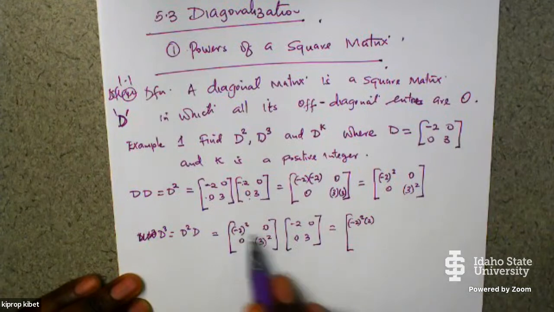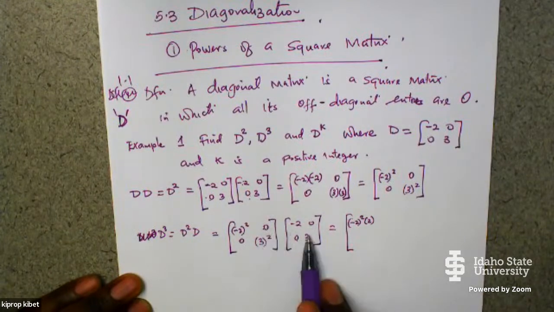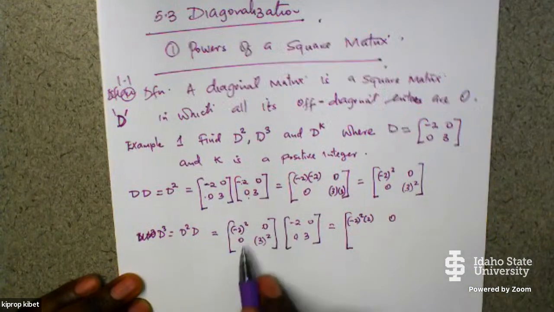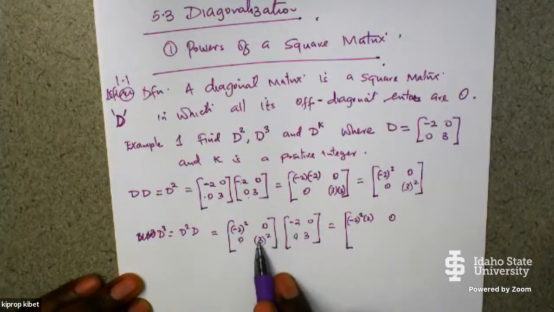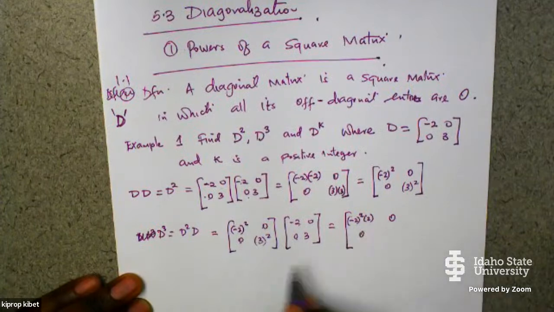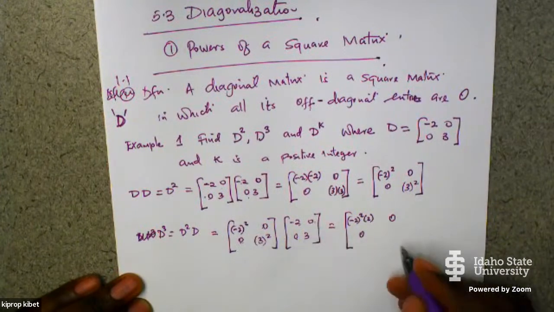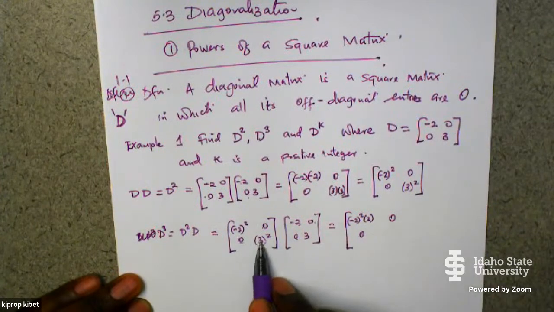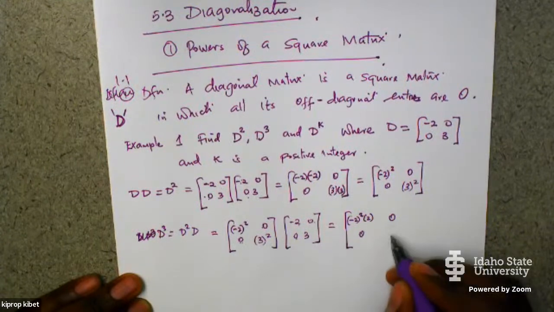The next entries are all 0, and lastly, 0 plus 3 squared multiplied by 3.